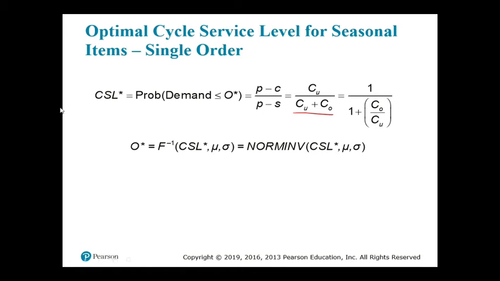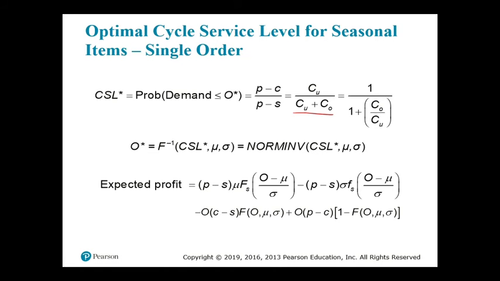And this is just what we have shown in chapter 12. Based on this optimal service level, we can always calculate the optimal order quantity. And here is the resulting expected profit. You don't need to understand the derivation of this expected profit.